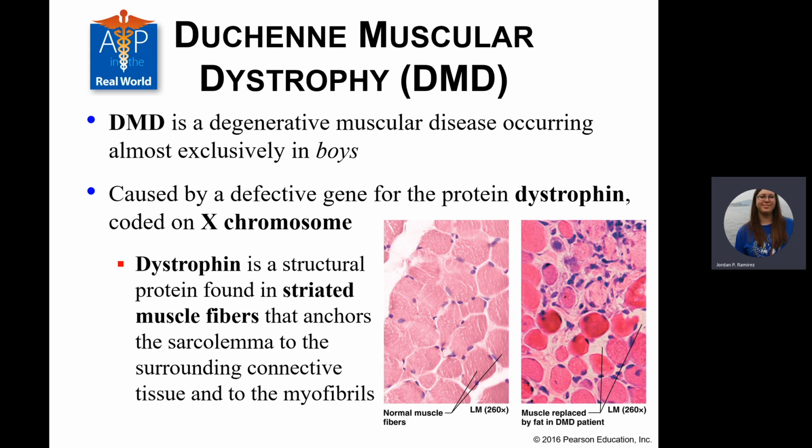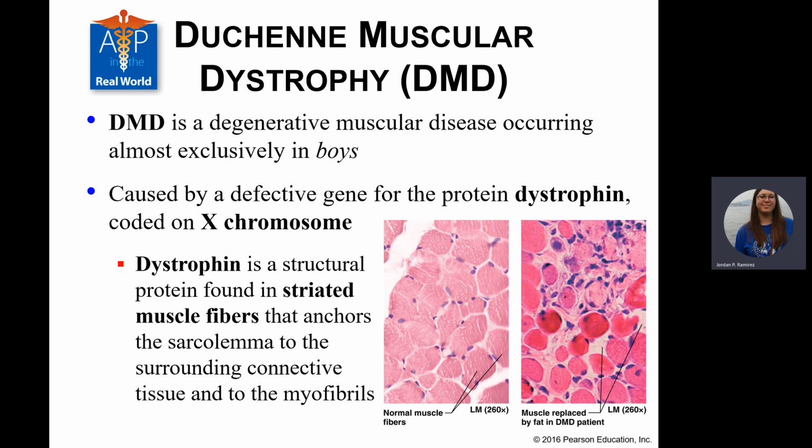So we said this was almost exclusively in boys. Wait a minute, boys are XY versus females are XX. Why does that make sense? Well, this is coded for on the X chromosome. So essentially, boys only have one X and again one Y. So if you've got a dysfunctional X, that's the only one you're going to get.